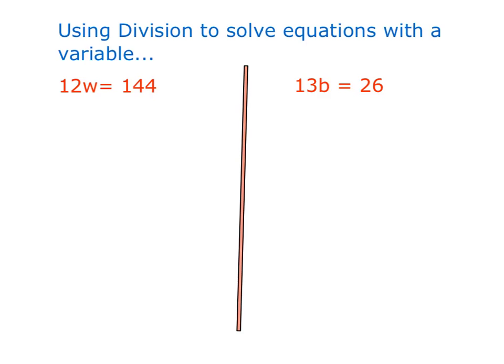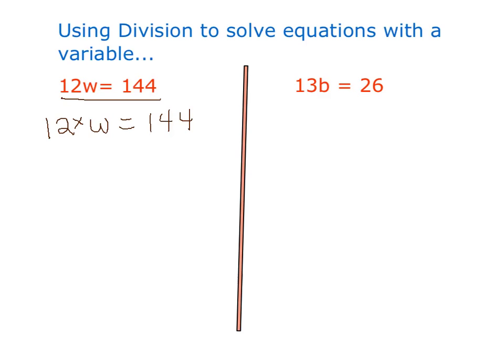So the first one, and this is something we have conversations about all the time, what this really says is 12 times W equals 144. This is assumed anytime you put a number next to a variable, that you are actually multiplying it. You really are multiplying. So the opposite of multiplication, as we've discussed before, is division.